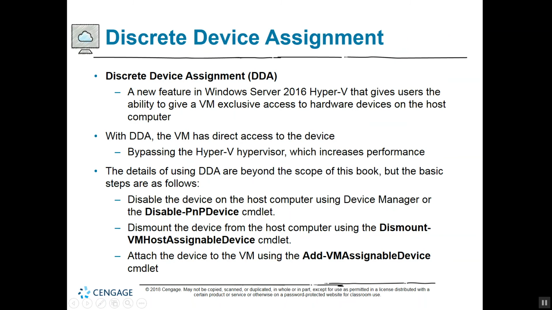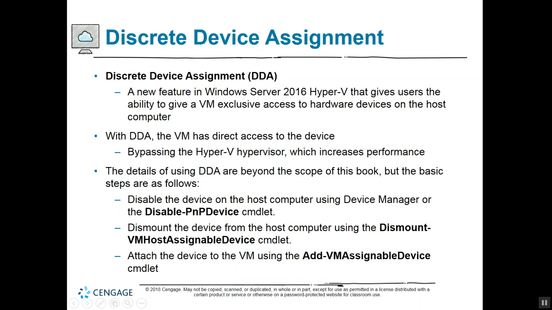So we've got Discrete Device Assignment, or DDA. It's a new feature in Windows Server 2016 Hyper-V. And it gives users the ability to give a VM exclusive access to hardware devices on the host computer. And with DDA, the VM has direct access to the device, bypassing the hypervisor, which increases performance.